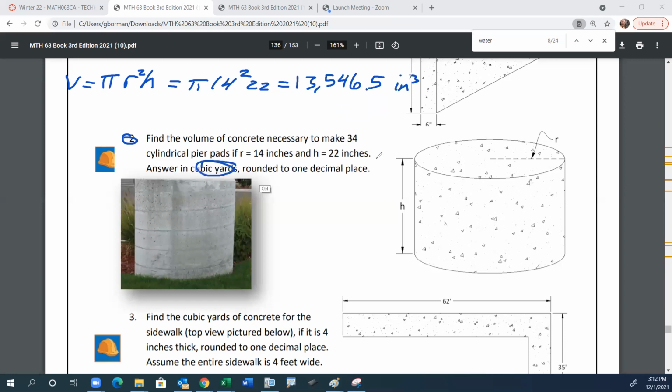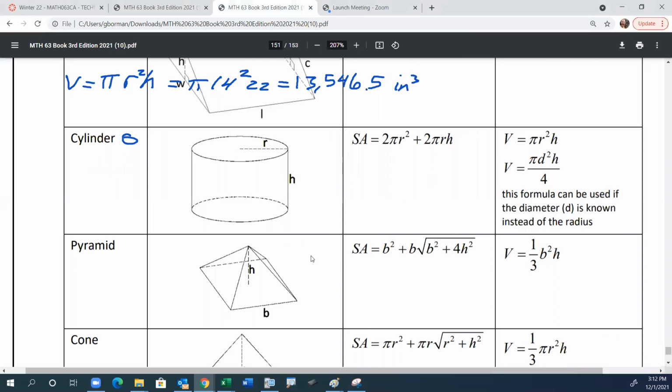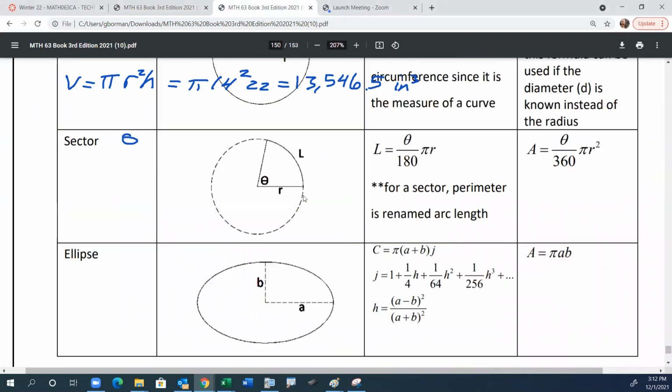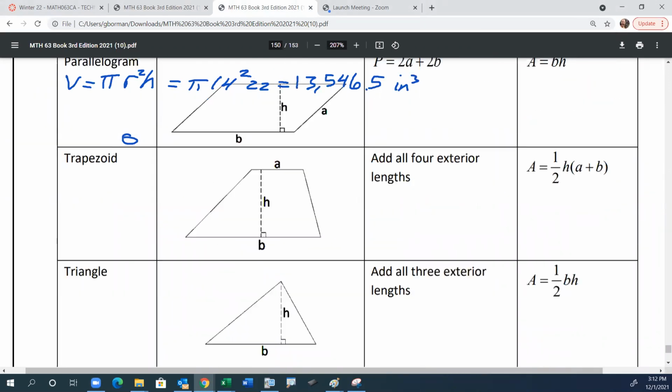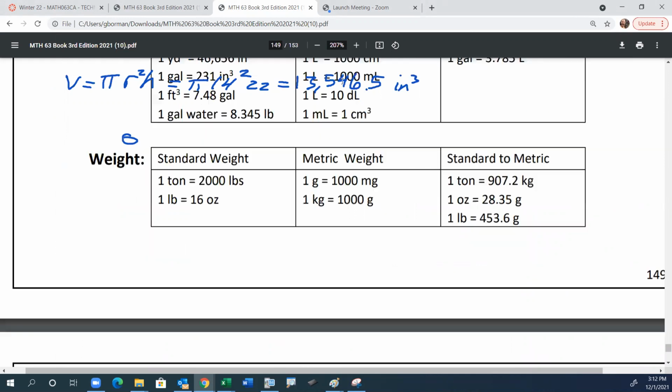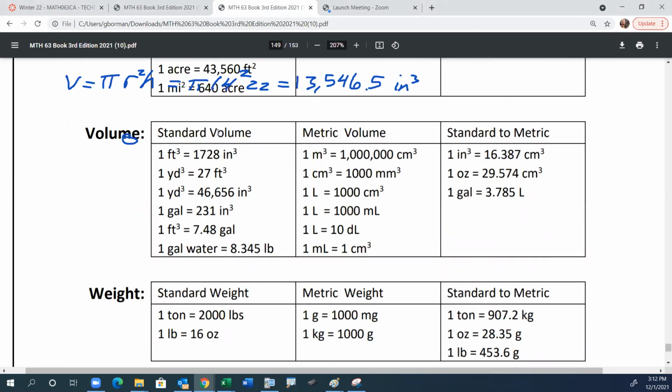Oh, crap. All right, so we have to find a way to get from cubic inches to cubic yards. So we'll go back to our measurements of volume. We're in cubic inches, so we can use this to get to cubic feet, and then from cubic feet to cubic yards.